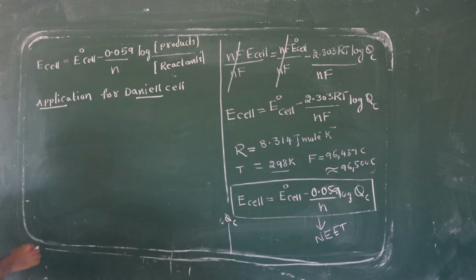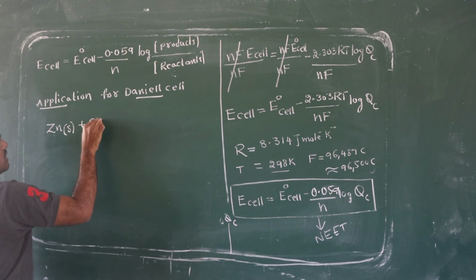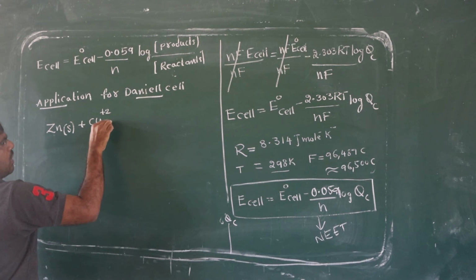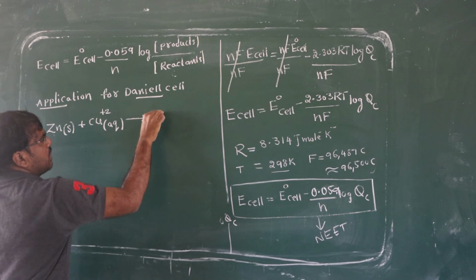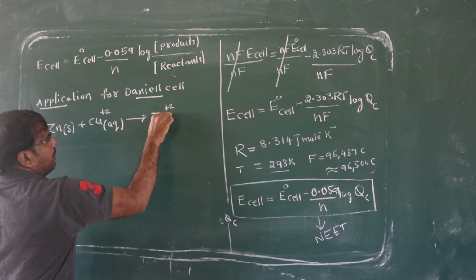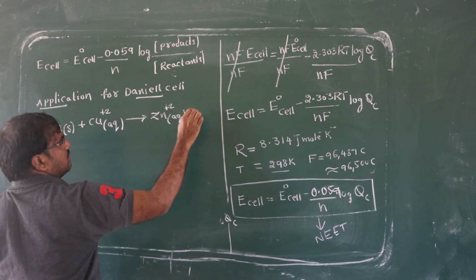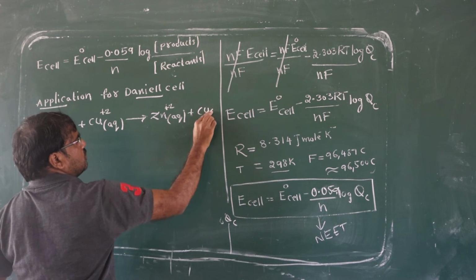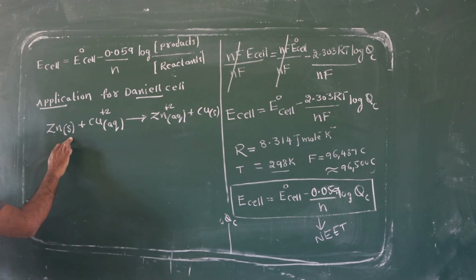Listen, in the Daniell cell what is the overall reaction? Zn metal in solid state reacts with aqueous Cu plus 2. It is converted into aqueous Zn plus 2 plus solid Cu. We know that this is the overall reaction in the Daniell cell.